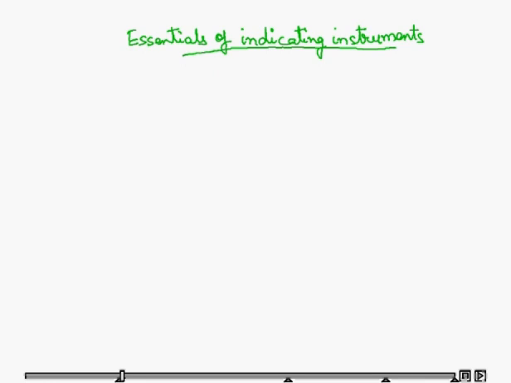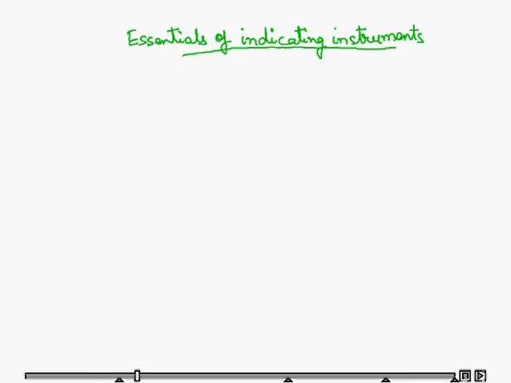Let's see the details of indicating instruments. We already know what indicating instruments are. They measure the quantity by indicating and deflecting the pointer. So indicating instruments consist of a pointer moving over a calibrated scale and attached to a moving system pivoted on jeweled bearing.